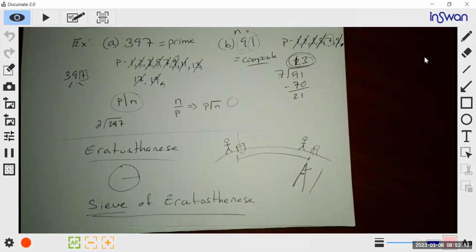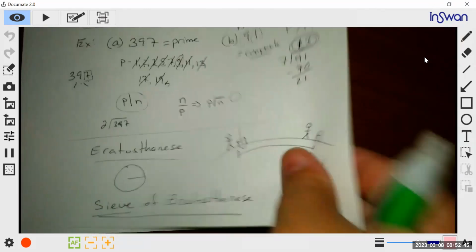Is the number of prime numbers finite? You want to say yes, why? Because they're always going to be that. That's an interesting question. You think, because numbers are infinite, there's got to be an infinite number of prime numbers too.